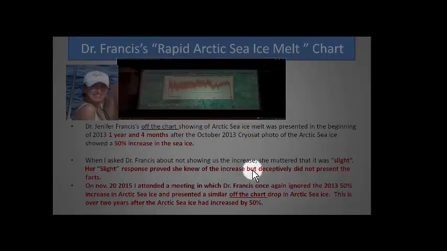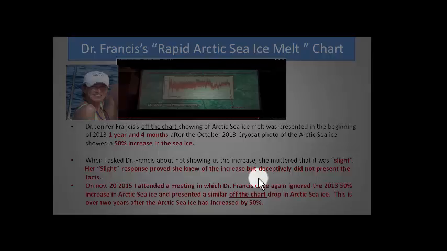This is Dr. Francis's chart showing the rapid Arctic sea ice melt, which she claims is greater now than in the last 1,000 years. She doesn't show the 50% increase in ice in 2013. She showed this chart in 2015, 1 year and 4 months after the 2013 cryosat results were revealed.